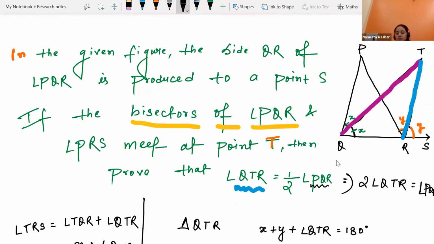Have I written the question properly, Sazia? Yes, ma'am. It is from the book only. Yeah.